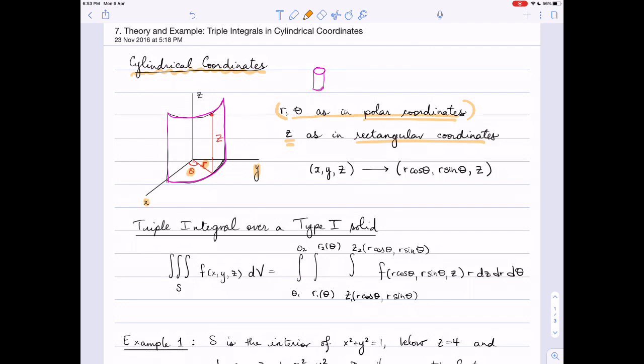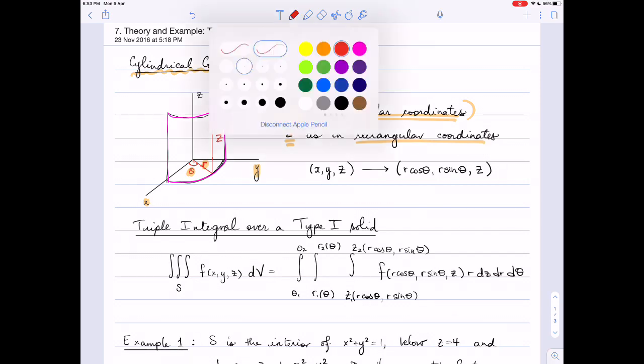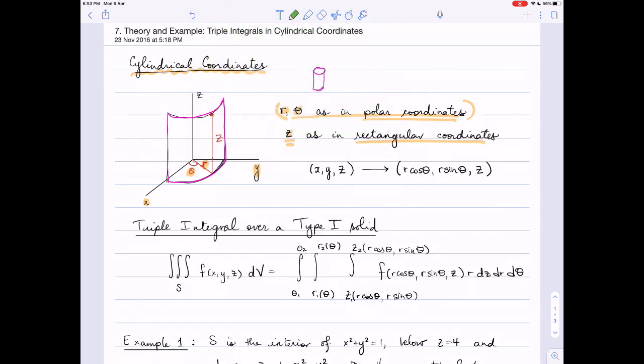So if you have three coordinates, r, theta, and z, that's enough to pinpoint any point in R3. You might have a point that goes theta in this direction and r in this direction, and then down to some point z. And how do we convert from standard rectangular?